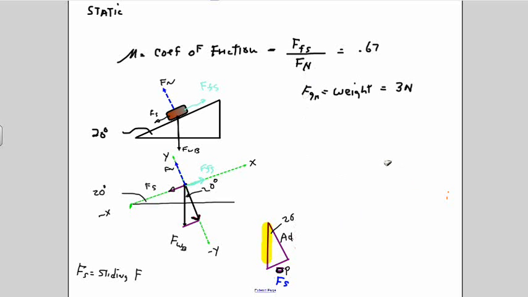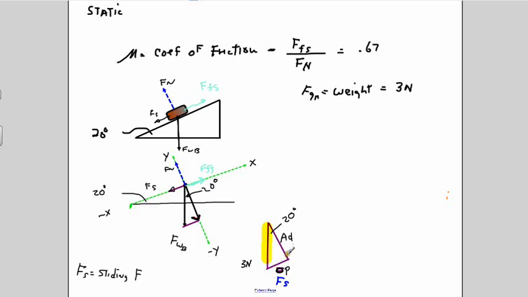But wait a second. If we've got 20 degrees here, let me clean this up a little bit. If we know the angle right there is 20 degrees, and we know one side, which we do, because in our last segment we said that the weight was equal to 3 newtons, and that doesn't change regardless of the slope, then we could find either of these sides.